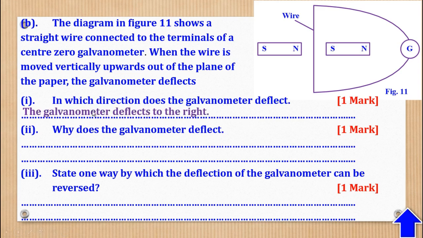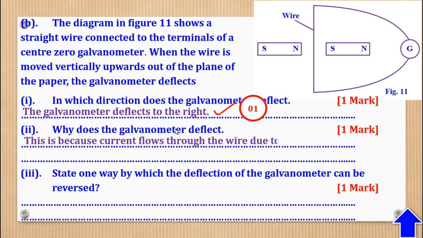So you see that the galvanometer deflects to the right, and with that you'll get yourself 1 mark. Roman 2 says, why does the galvanometer deflect? So you say that this is because current flows through the wire due to the EMF induced in the wire. So that is also 1 mark.